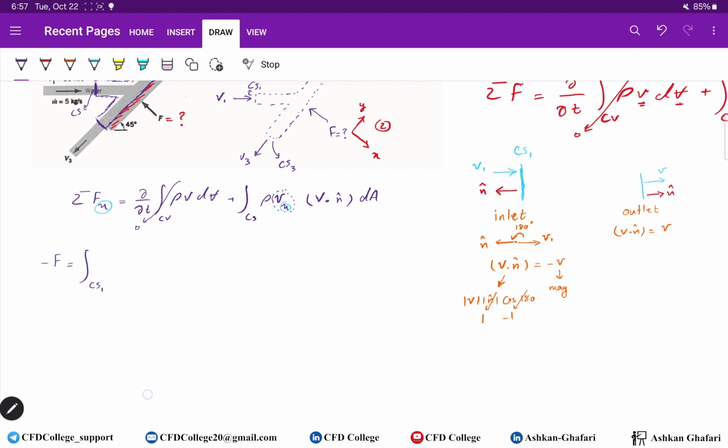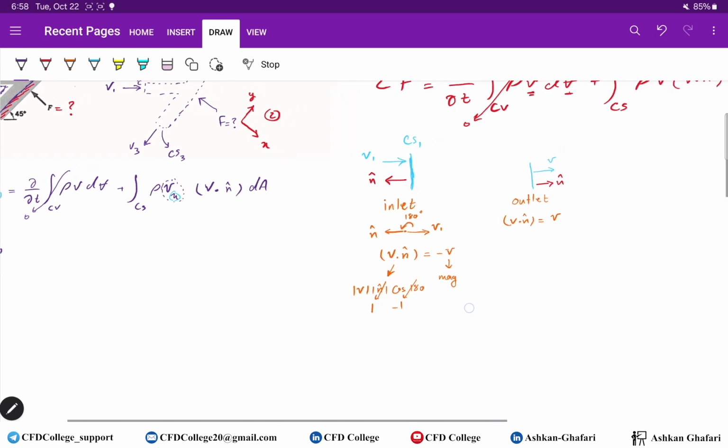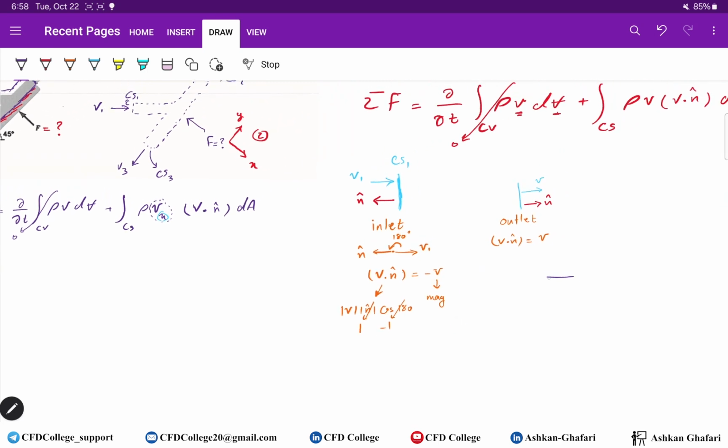So it's equal to, on control surface 1, we have rho v in x direction. This is v1, and here we have x. This is y. This is x direction. Here is 45 degrees. So this is v1.